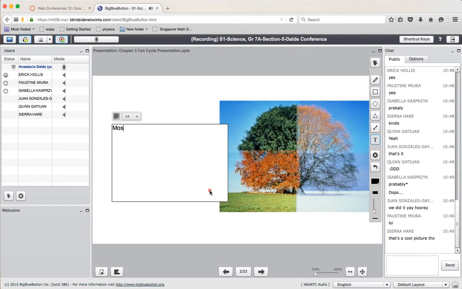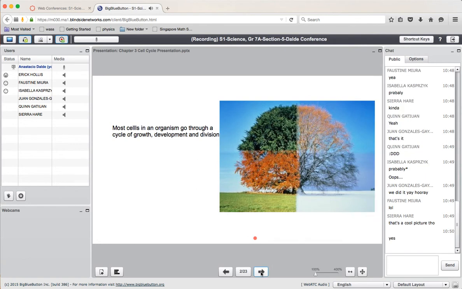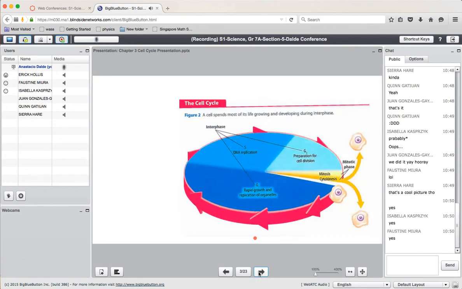So most cells in an organism go through a cycle of growth, development, and division. All right, cool. Can you guys see what I just typed up there? All right, cool. So we're moving on.